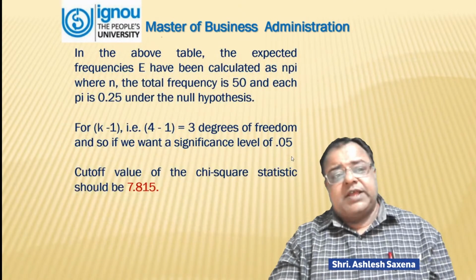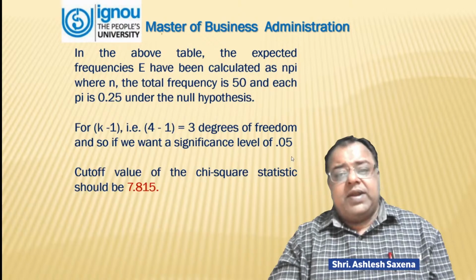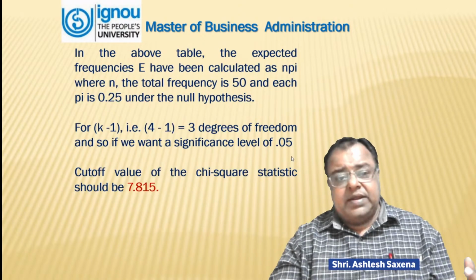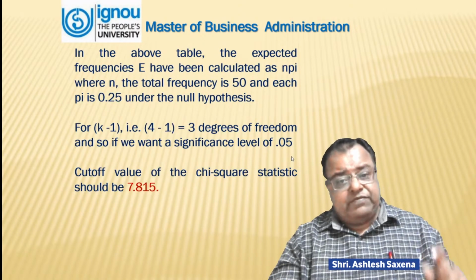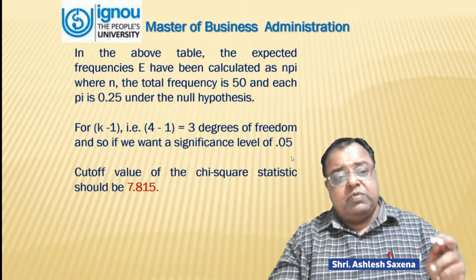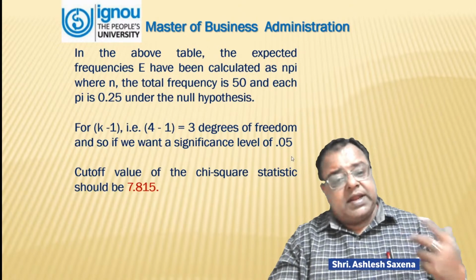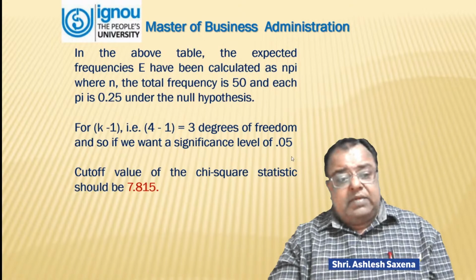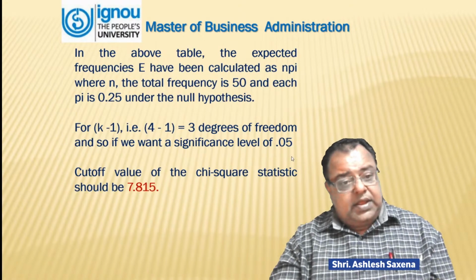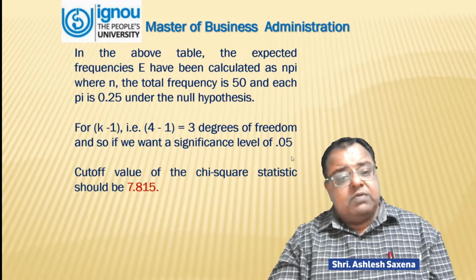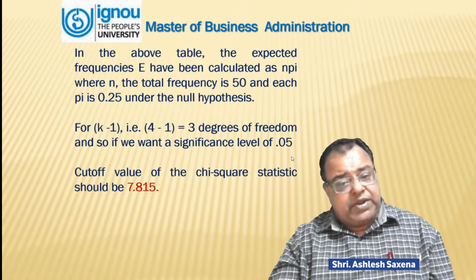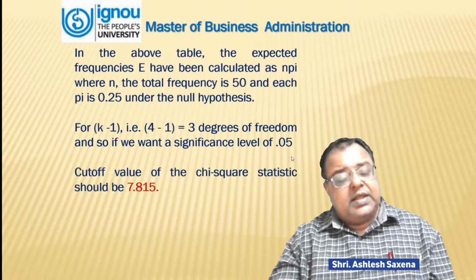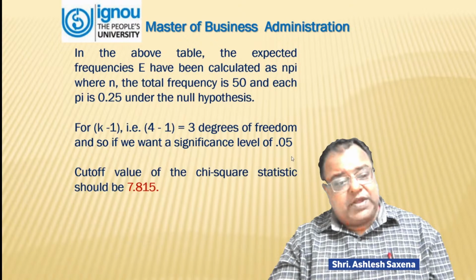In the above table, the expected frequency E can be calculated as N times Pi, where N, the total frequency, is 50, and each Pi is 0.25 under the null hypothesis. And we have K equal to 4, which means the degree of freedom will be 3, and the significance level is 0.05.